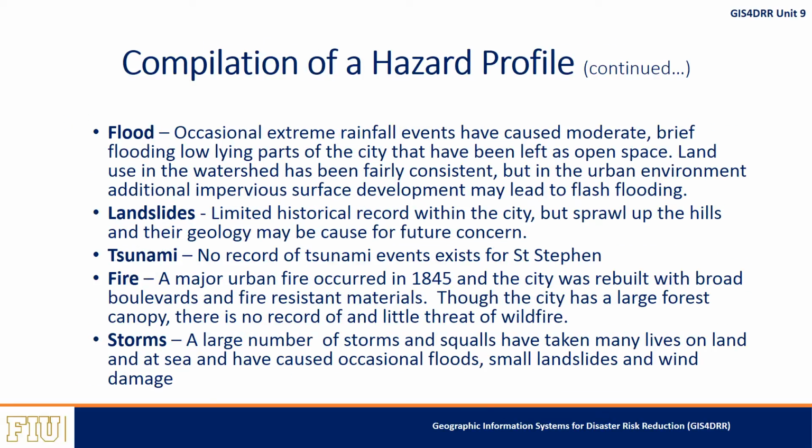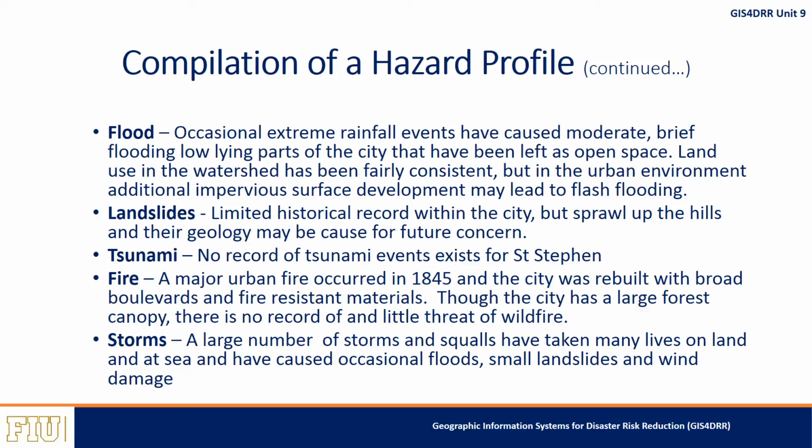Flood. Occasional extreme rain events have caused moderate brief flooding in the low-lying parts of the city that have been left as open space. Land use in the watershed has been fairly consistent, but the urban environment's additional impervious surface development may lead to flash flooding. Landslides. There's limited historical record within the city, but sprawl up the hills and their geology may be cause for future concern.